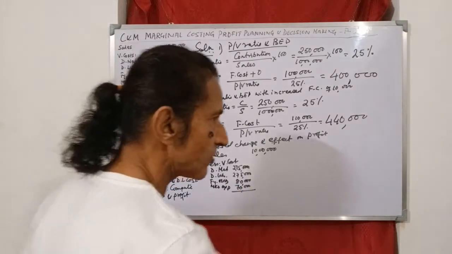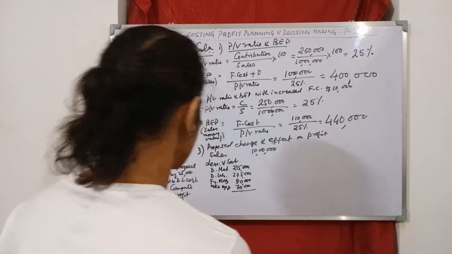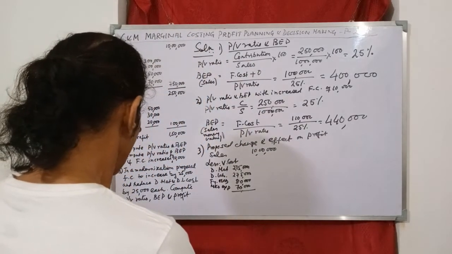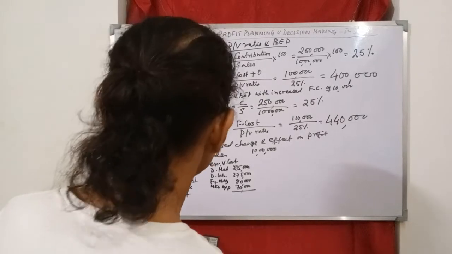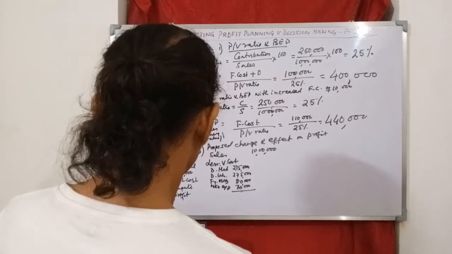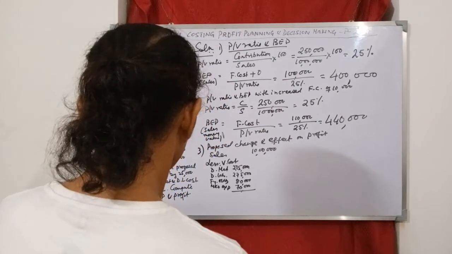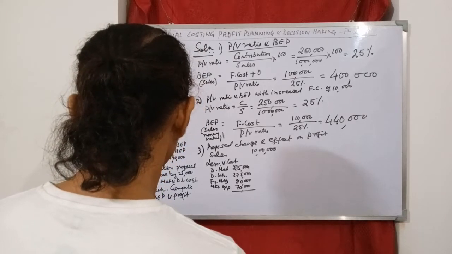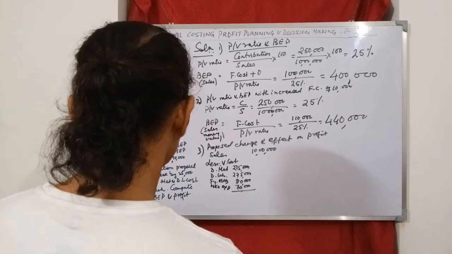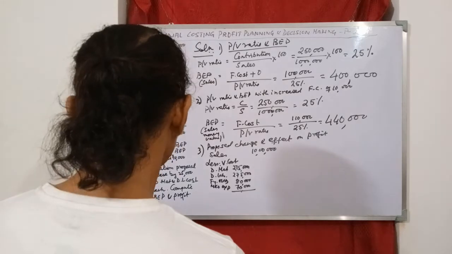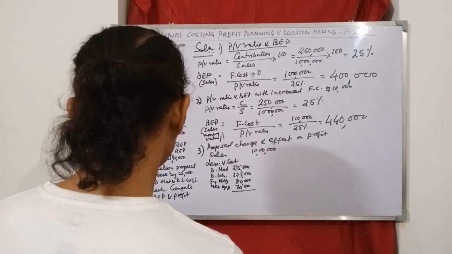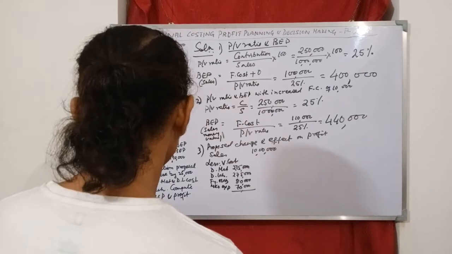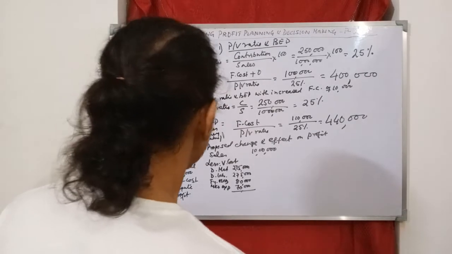So total variable cost becomes 275,000 plus 275,000 plus 80,000 plus 70,000. So it comes to 7 lakh.